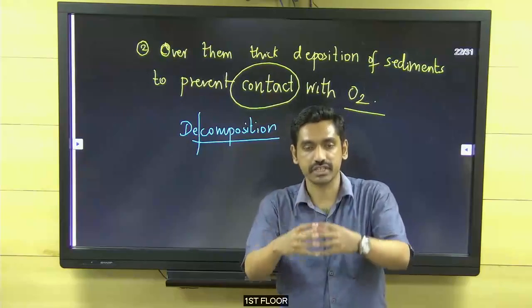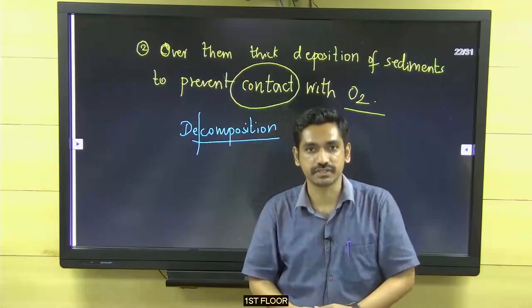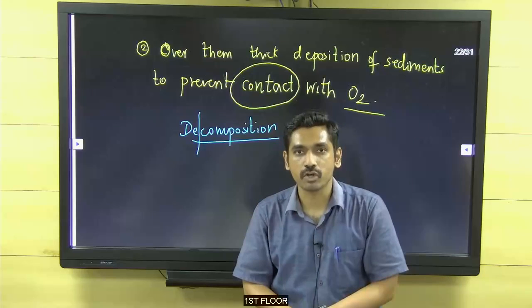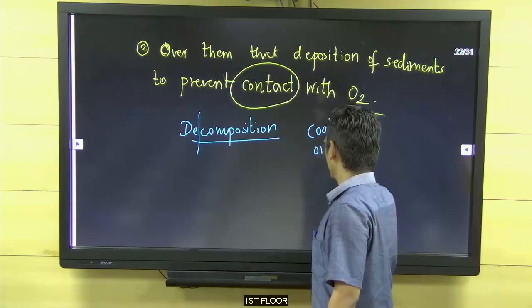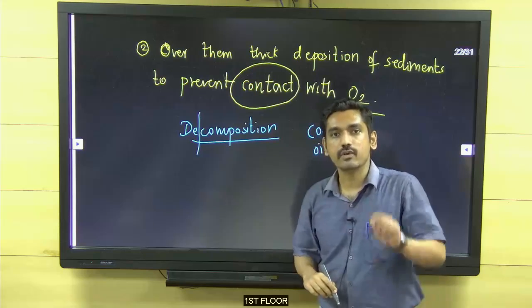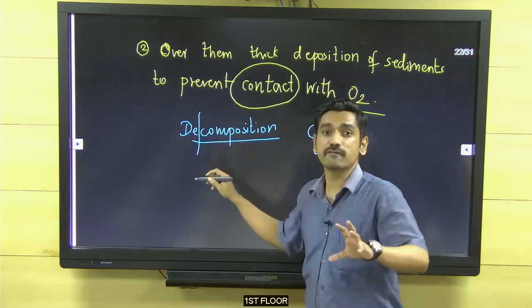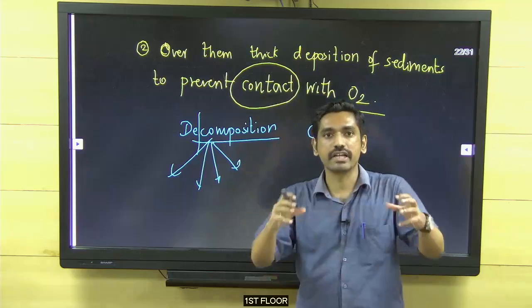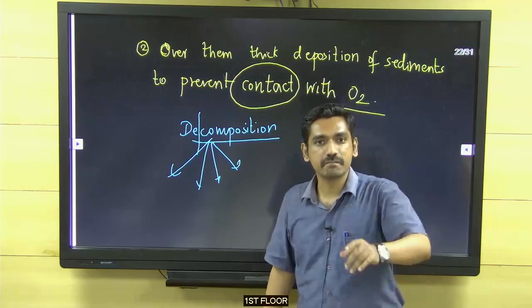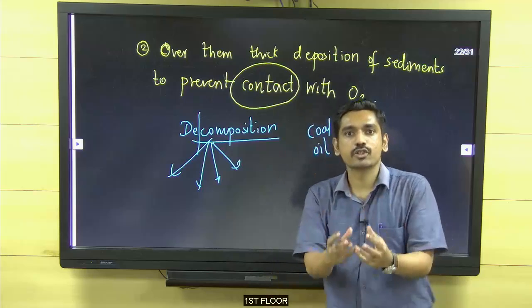Decompose is to break down into simpler substances. Your objective is to form coal and petrol, correct? Coal, oil, natural gas. Now, if your decomposition is very, very fast, if it's accelerated, all the complex materials will break down into simpler substances. If simpler substances are created, you cannot store energy.